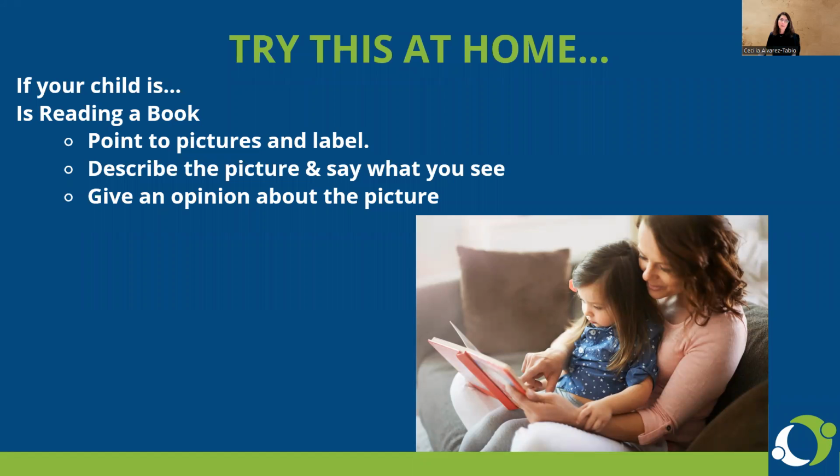So some of the things that you can try at home: if your child is reading a book, point to the pictures and label the objects and actions, the locations, the emotions. Describe the pictures and say what you see, and you can give an opinion about the picture. Of course, all of these skills we can practice during the coaching sessions.